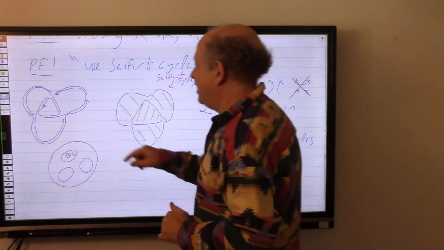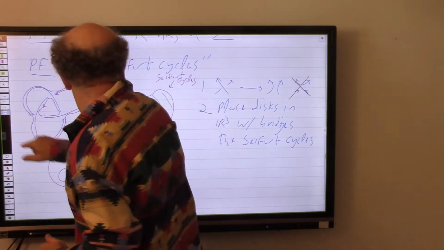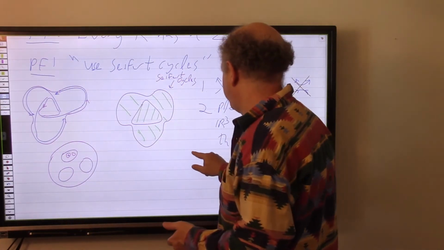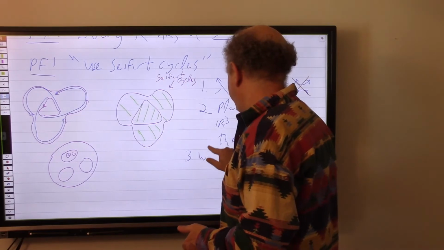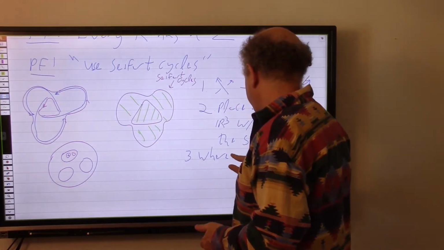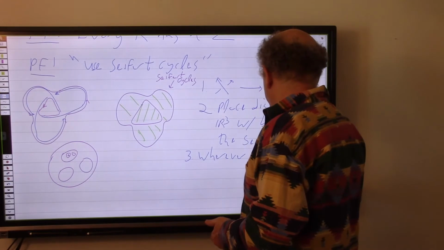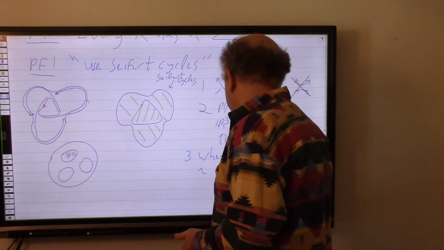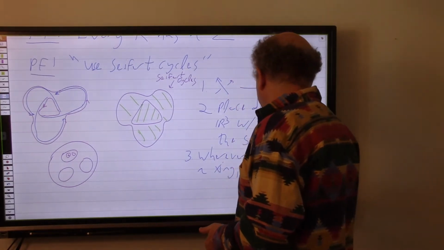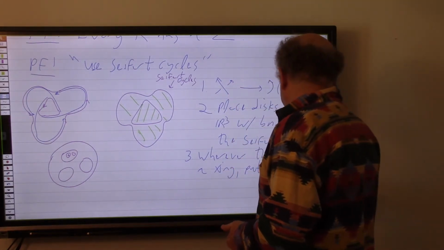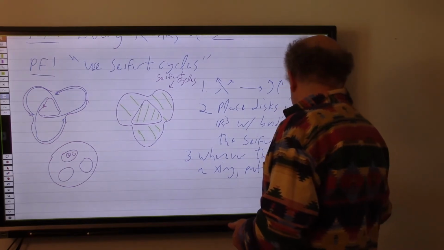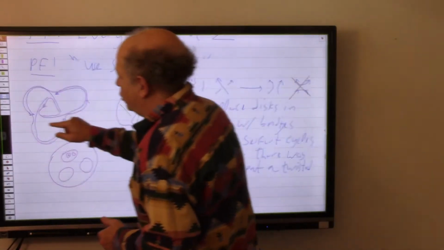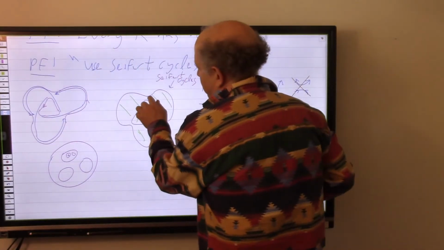So now the next step is, wherever there was a crossing, put a twisted band. In other words, connect the rim.